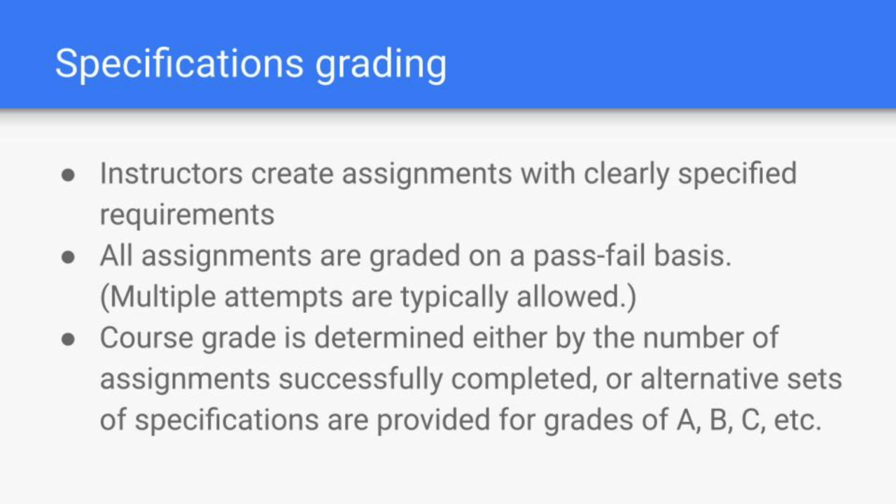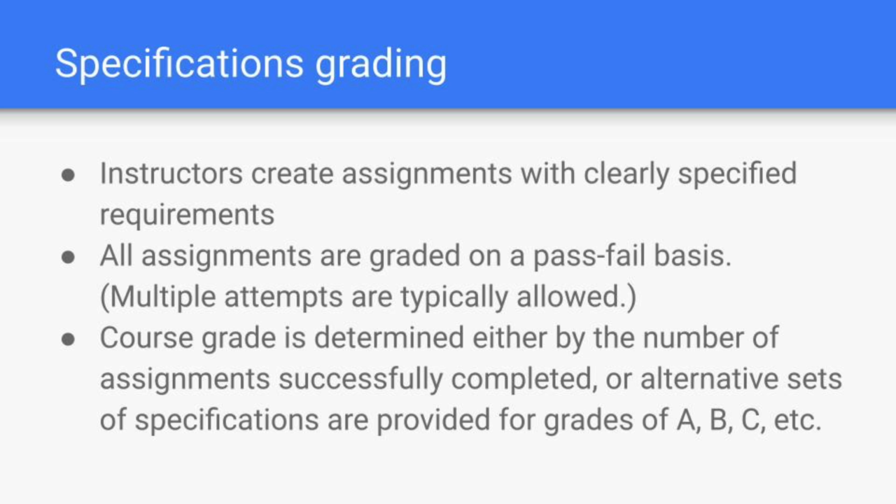And then again, you're using a pass-fail basis on that. They either met the specifications or they don't. So that way, you're not worrying about whether someone's grade is 57 or a 58 or an 87 or an 88 or an A minus or an A, et cetera. That basically you just say, did this assignment meet the specification or did it not?